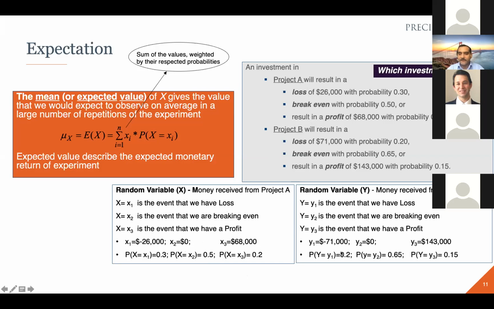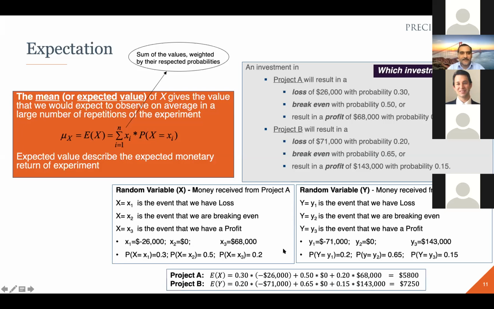The corresponding probability of each is also given. If I use the expected value formula, it is very simple to find the expected value of X. I take the product of each value times its probability, and that gives the expected value for project A and for project B. The final expected value helps you decide which investment is better. Of course, it seems like project B is better for us.